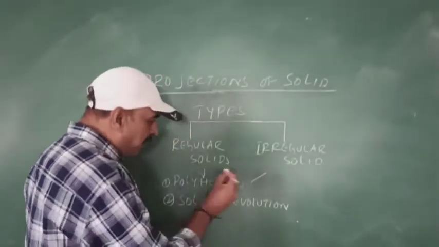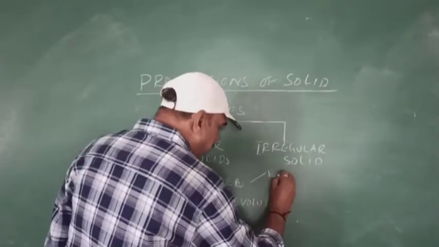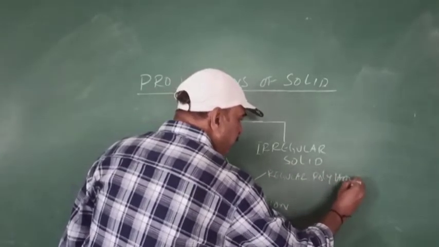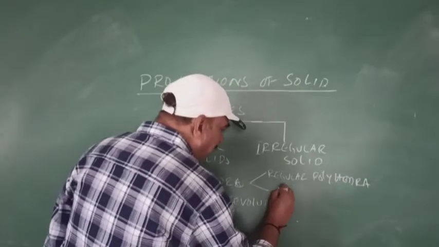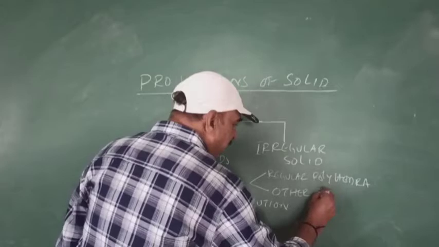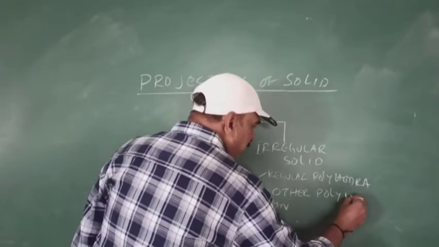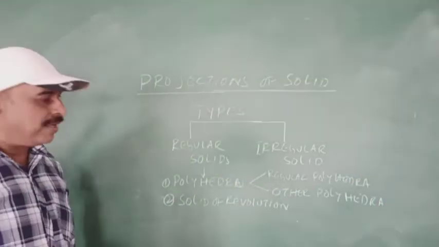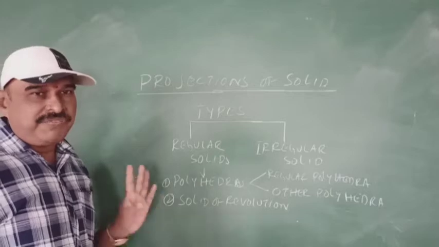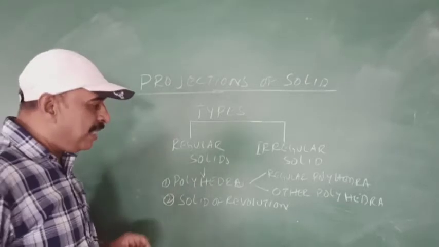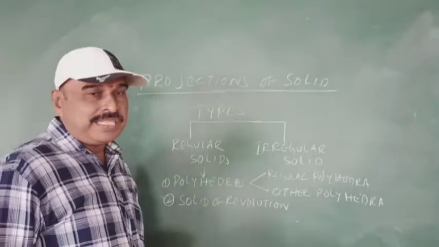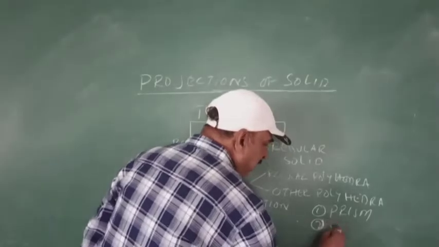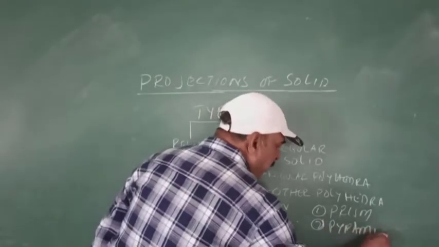And these polyhedras may be further grouped as regular polyhedra and other polyhedras. What is the difference between regular polyhedra and other polyhedra? Regular polyhedras have all equal faces. But in other polyhedras, the examples are prism and pyramid.